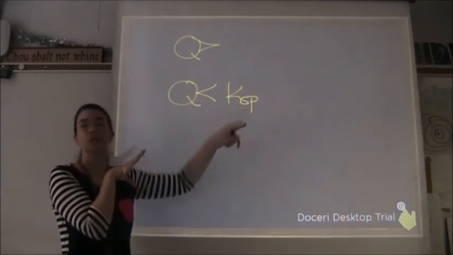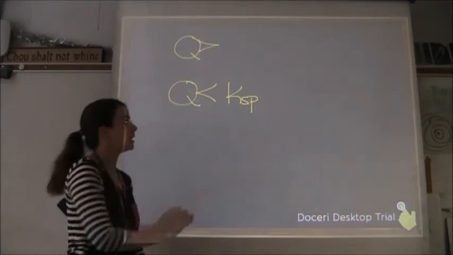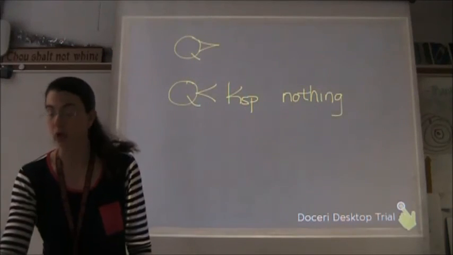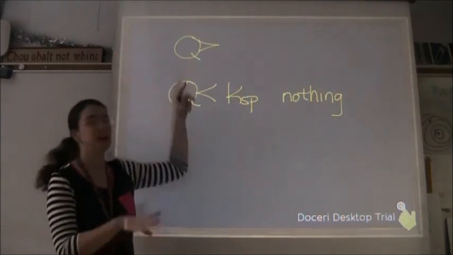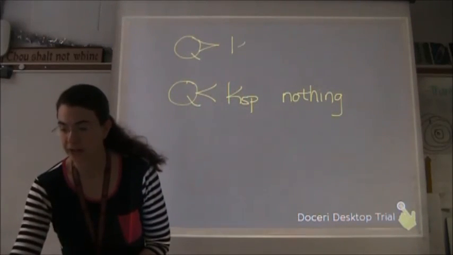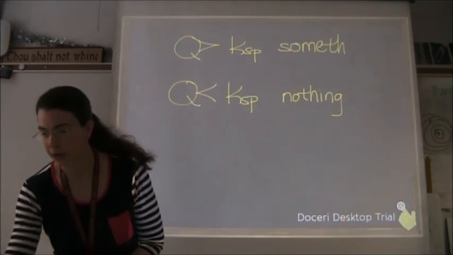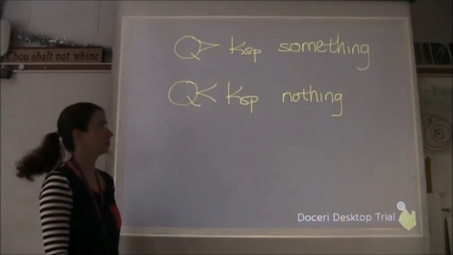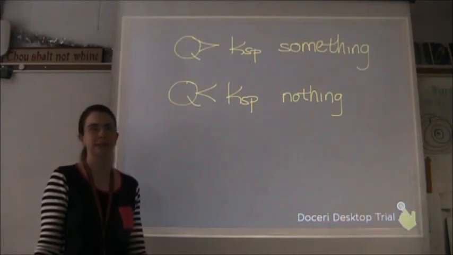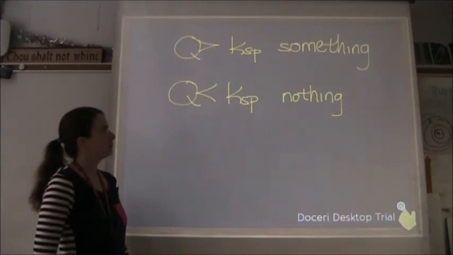This duck is going to eat the KSP. Okay? If that happens and it eats the KSP, there will be nothing left. No precipitate. If the duck has its beak closed, it is not going to eat the KSP, and there will be something. In other words, there will be a precipitate. Okay, it's not perfect, all right? It's not great. One of my former students came up with it. I think it's kind of cute, right?